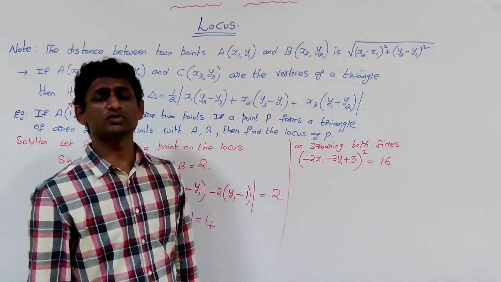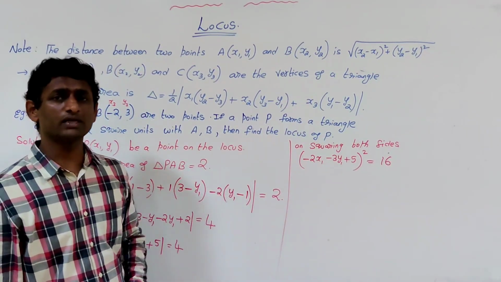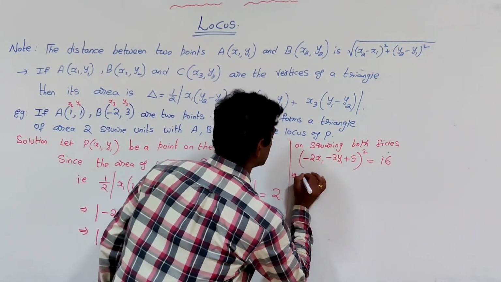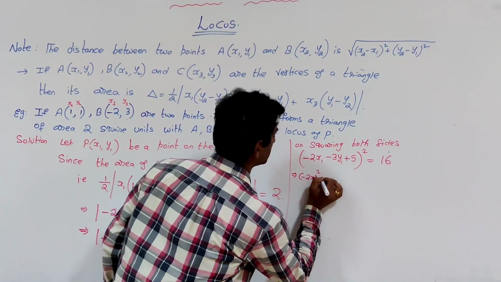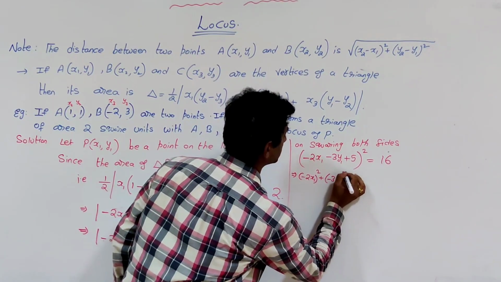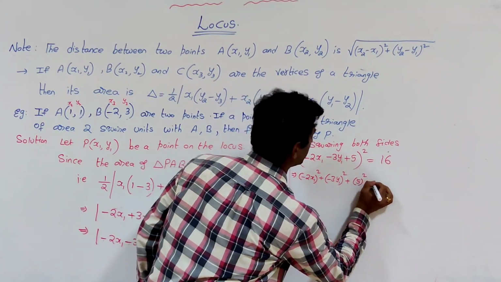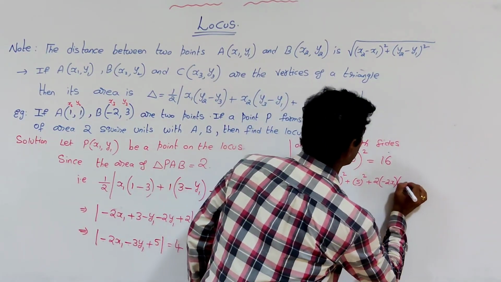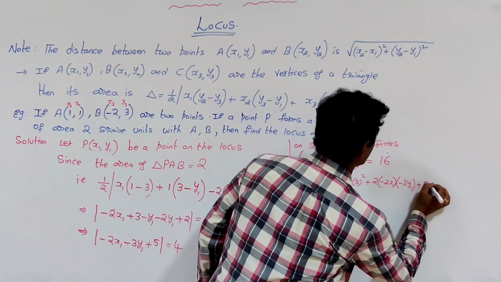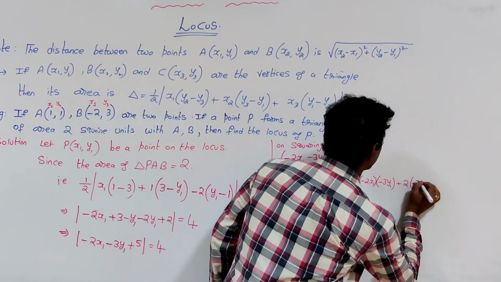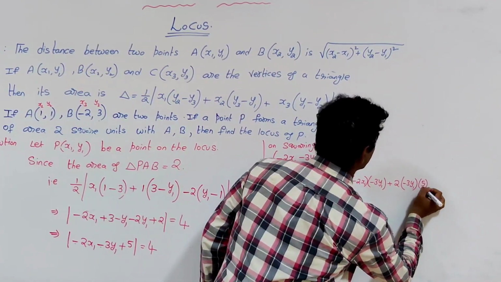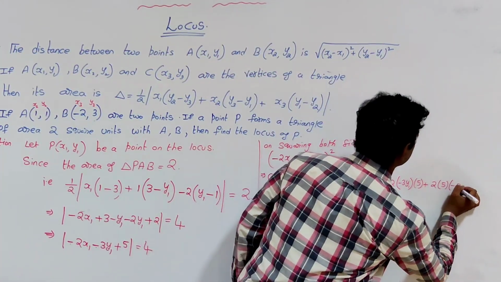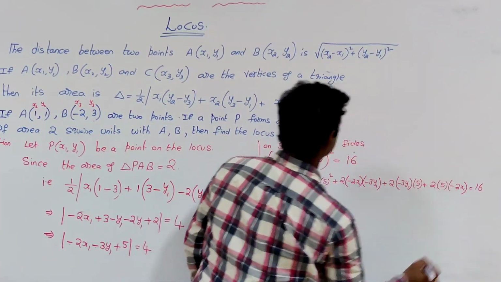So what is (a plus b plus c) whole square? A square plus b square plus c square plus 2ab plus 2bc plus 2ca. So we have (minus 2x1) whole square plus (minus 3y1) whole square plus 5 whole square plus 2ab, 2 times minus 2x1 into minus 3y1, plus 2bc, minus 3y1 into 5, plus 2ca, 2 times 5 into minus 2x1, is equal to 16.